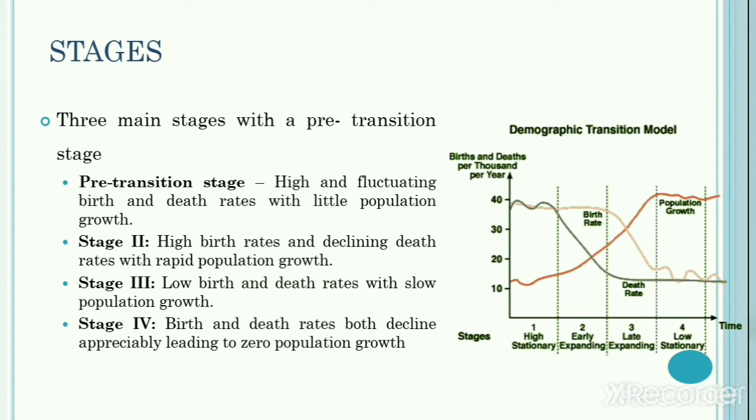In stage 3, there is a low birth and death rate with slow population growth, followed by the later developed stage 4, where the birth and the death rates both decline appreciably, leading to zero population growth. Some scholars like Haggart in the year 1975 have also divided these into 4 or 5 stages.